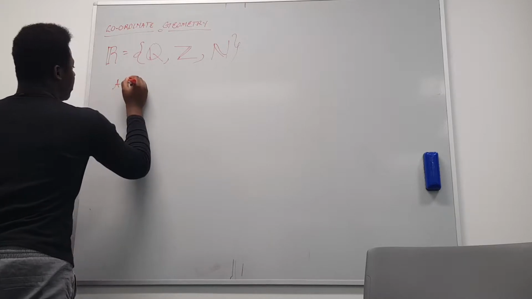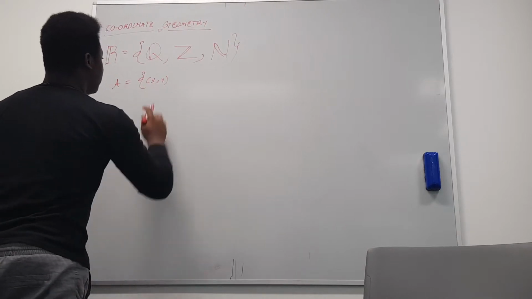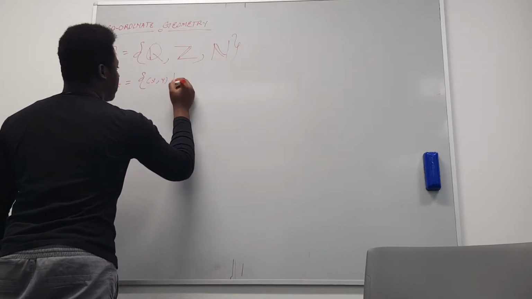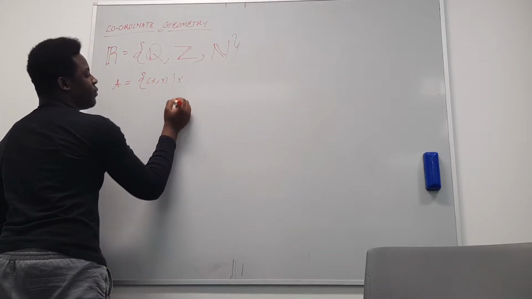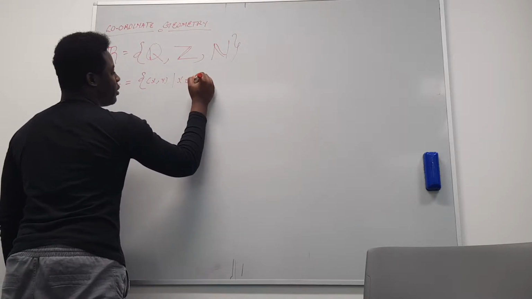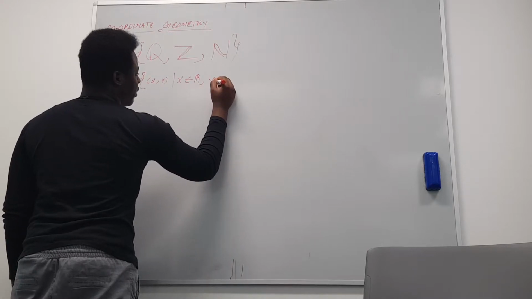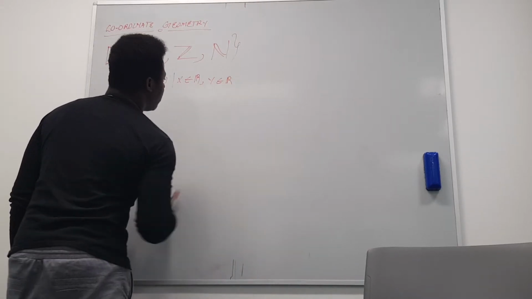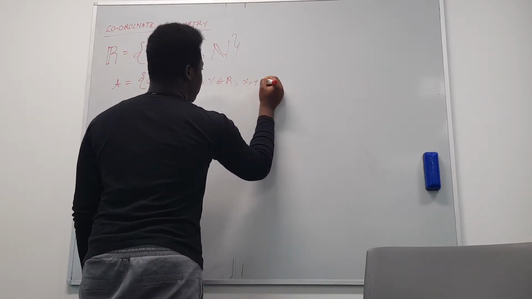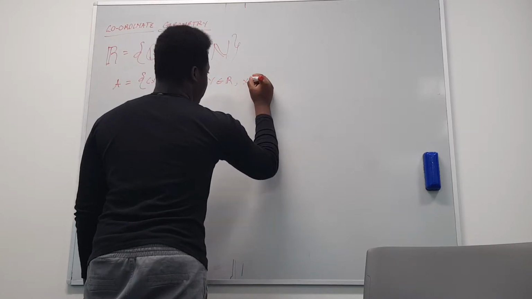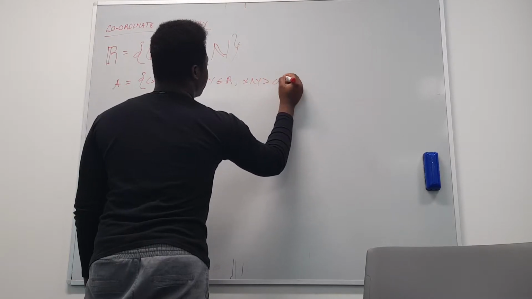The set A is equal to x and y such that x is a member of the real numbers, y is a member of the real number system as well, and x and y are greater than 0.